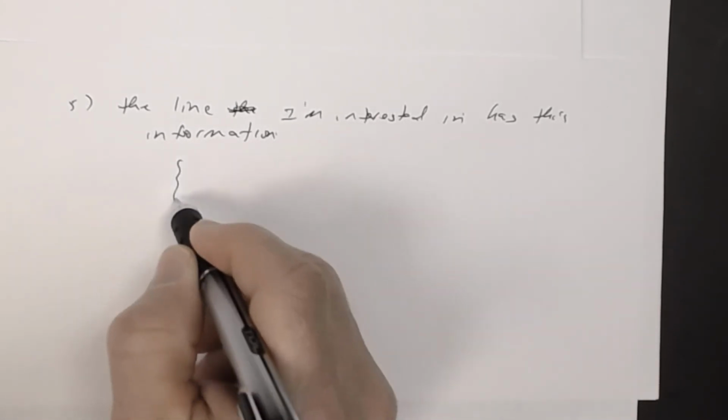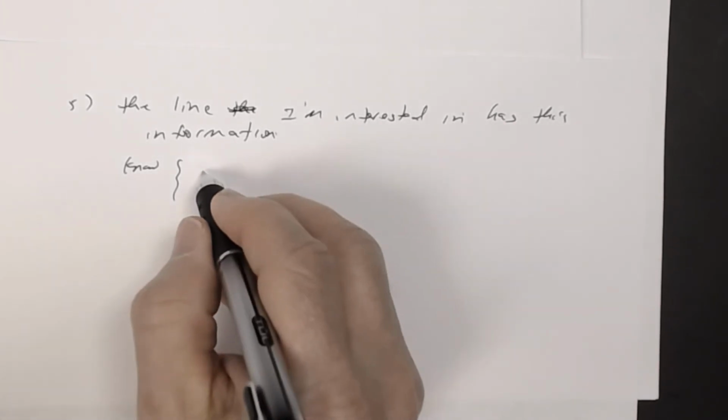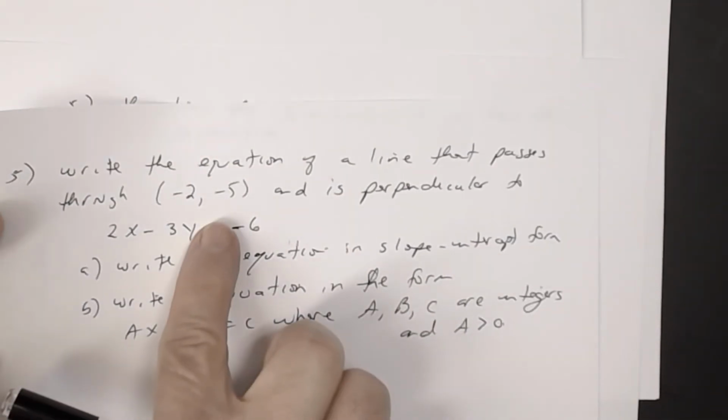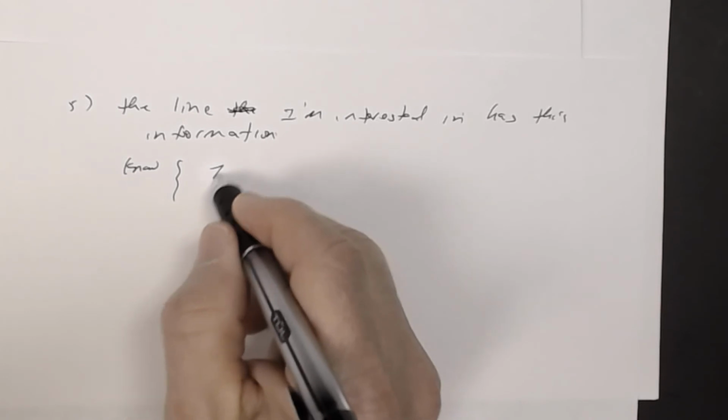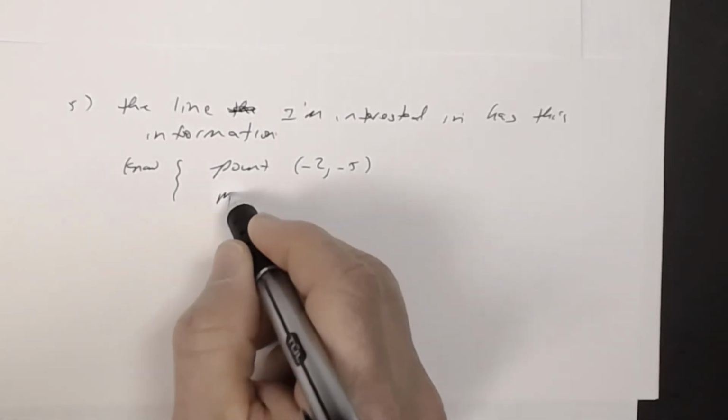I need to know two things. Because remember, we want to use point-slope form, I need to know a point of that line, which I do, -2, -5. So the point of that line is -2, -5.